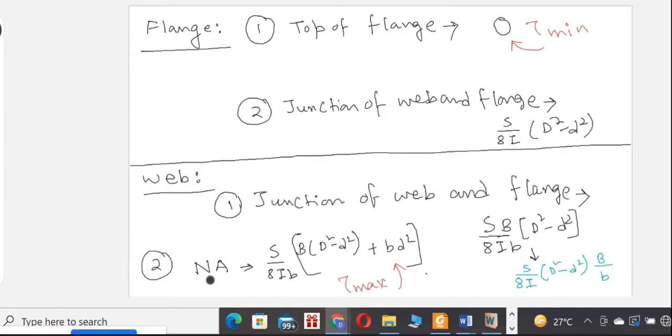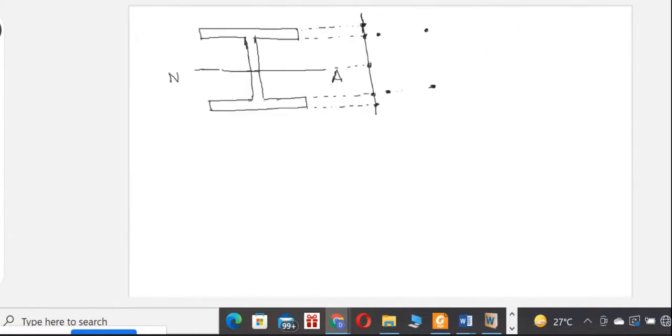But at the neutral axis, it has the maximum value.